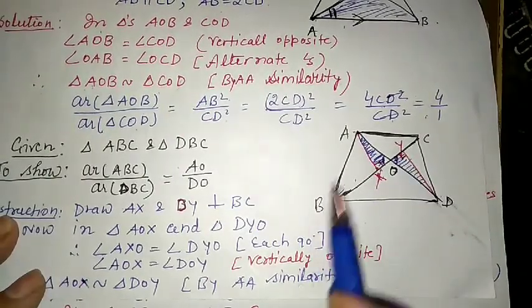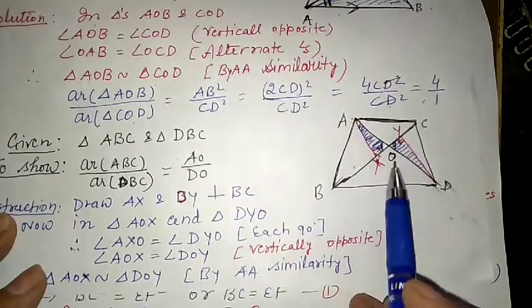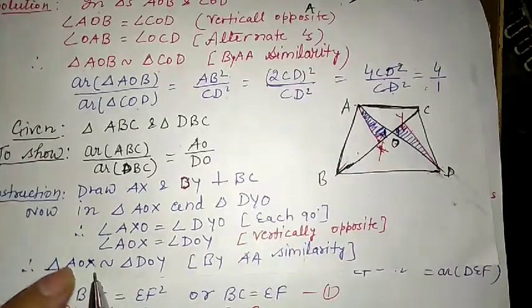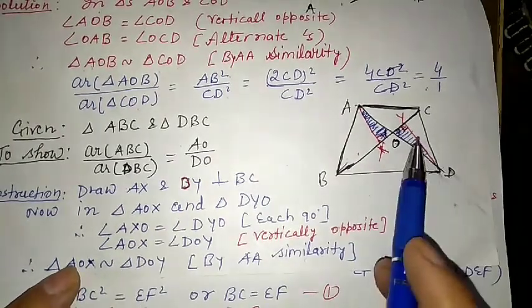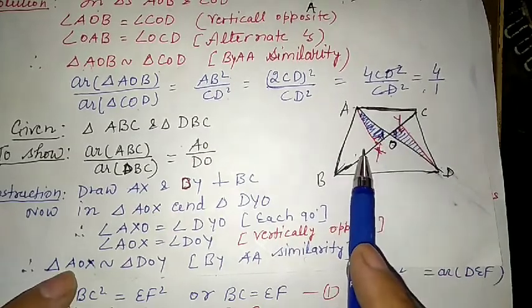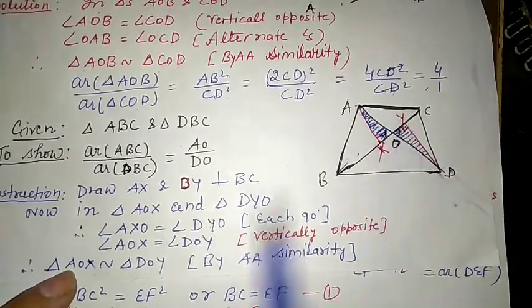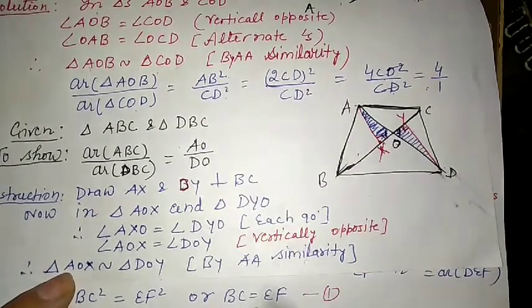So we can say that triangle AXO or AOX is similar to triangle DOY. This is AOX similar to DOY, both by AA similarity. These two triangles are similar.